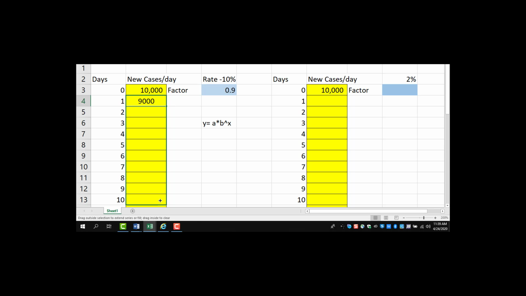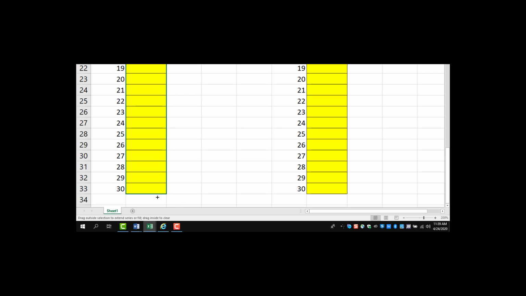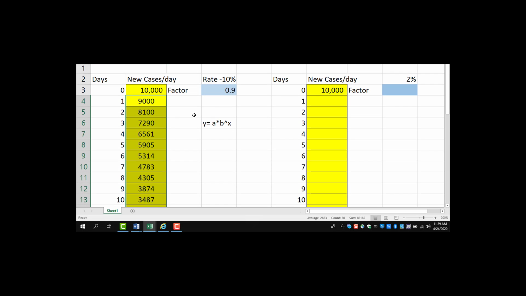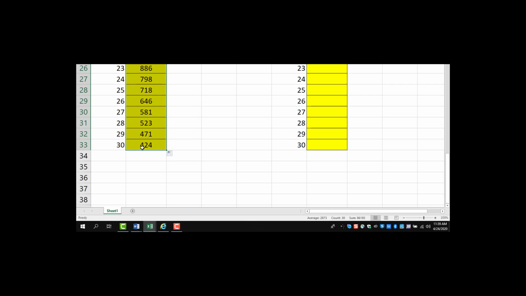We'll drag that down for a whole month, and we can see that if they can get the rate to 0.9, which is below 1, you're multiplying by less than 1, so it's going to go down. This is what they're trying to accomplish. They would get new infections down to 424 a day.